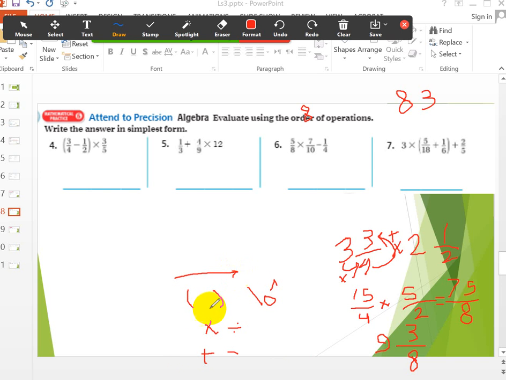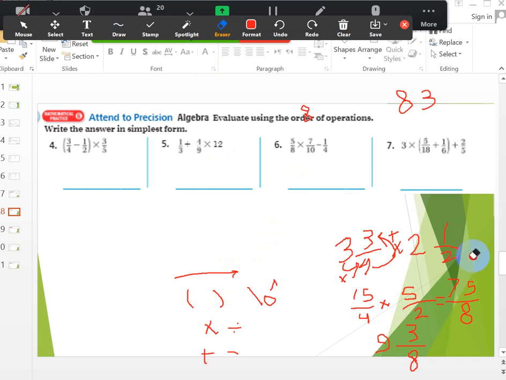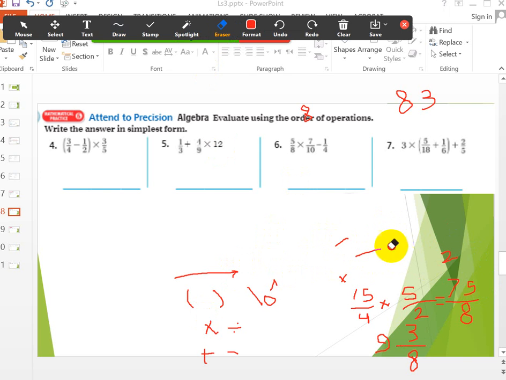This is the order of operations. I have to follow this order when I want to find the answer of any expression.